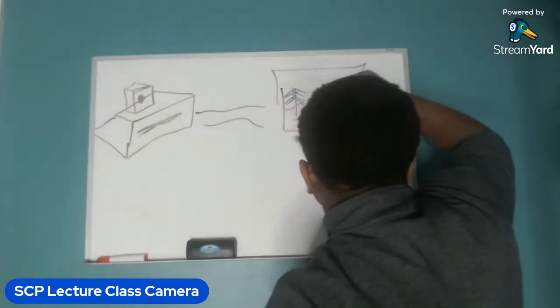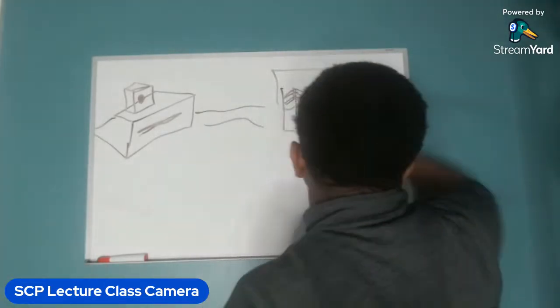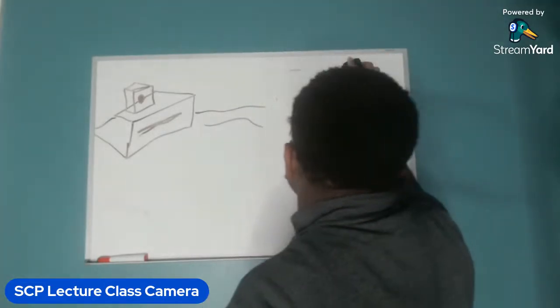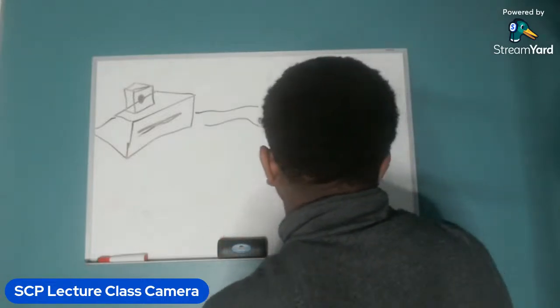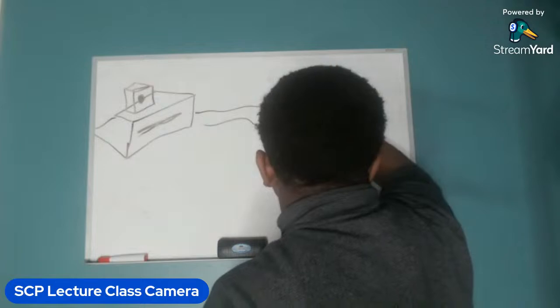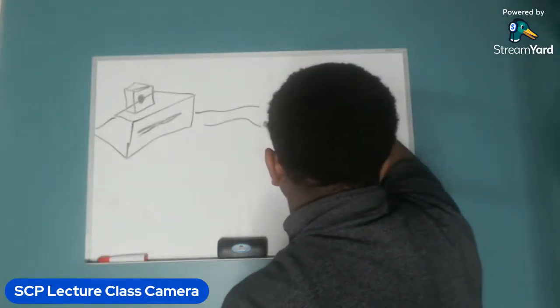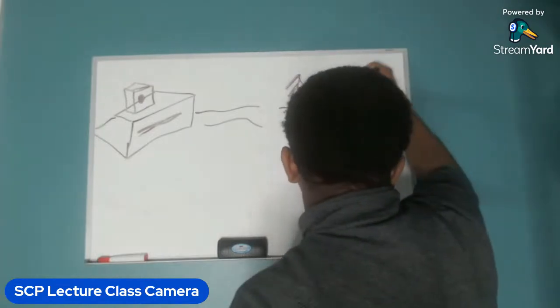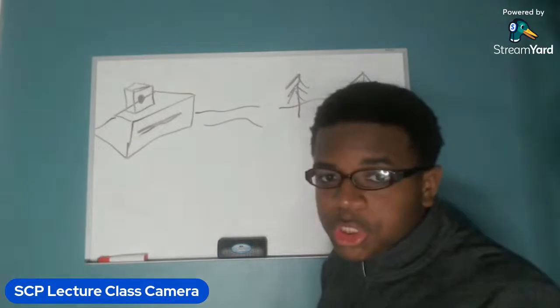So the tree's gone. But if you look in front of where the picture was, then that land that you saw that she took a picture of and that tree she took out, it's not there anymore. So that's what she does.